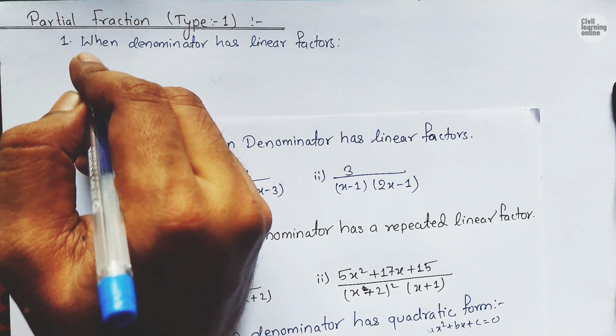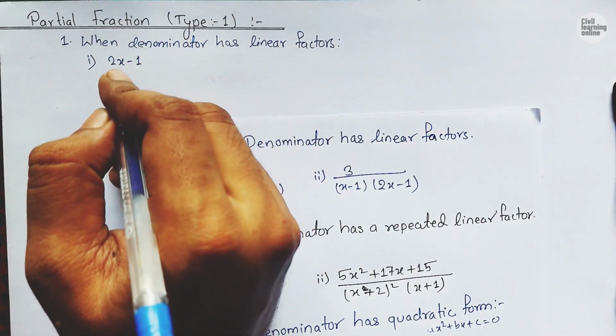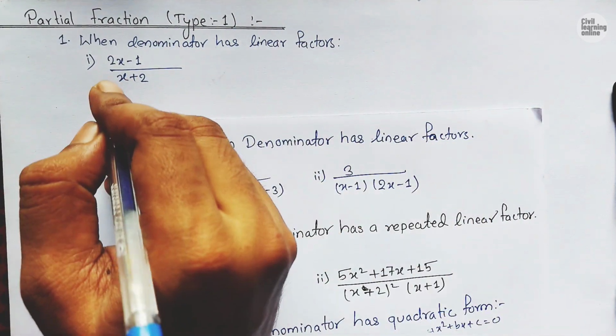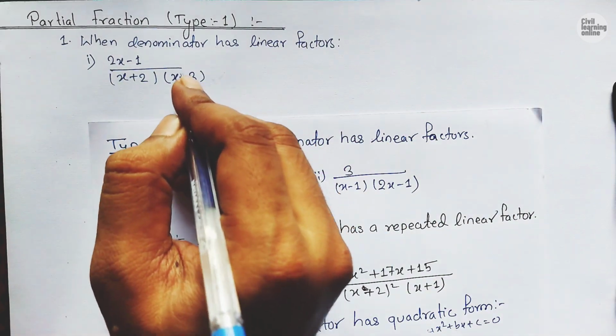Our question number 1 is 2x minus 1 upon x plus 2 times x minus 3.